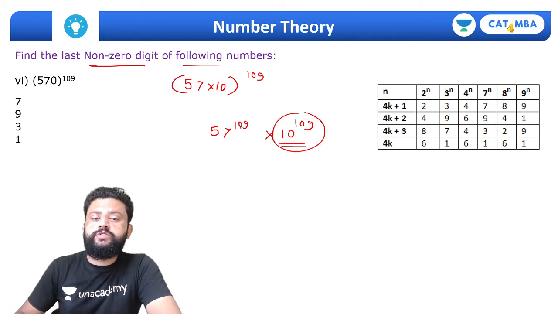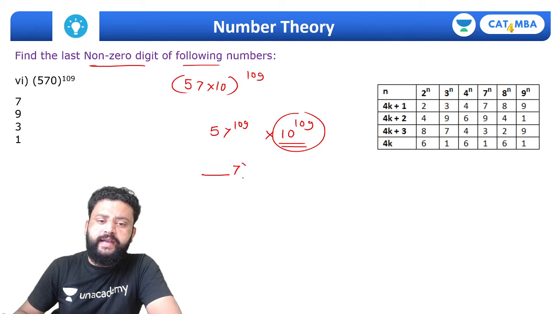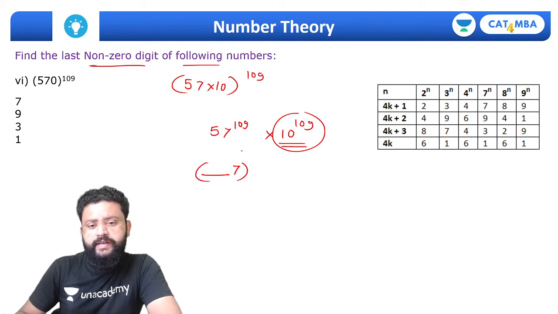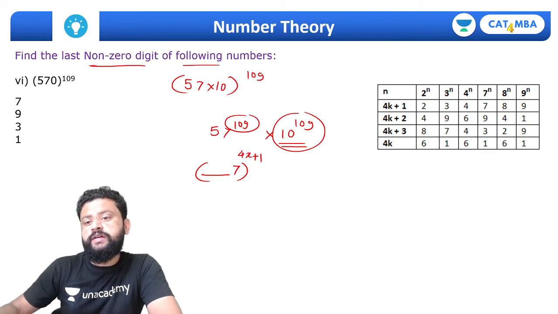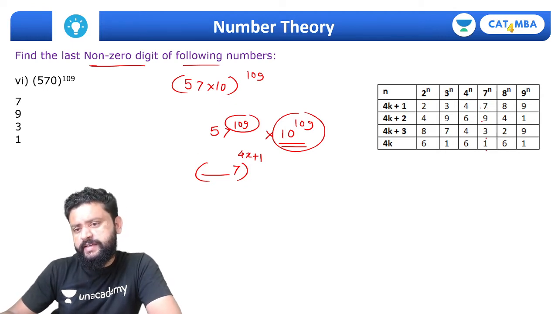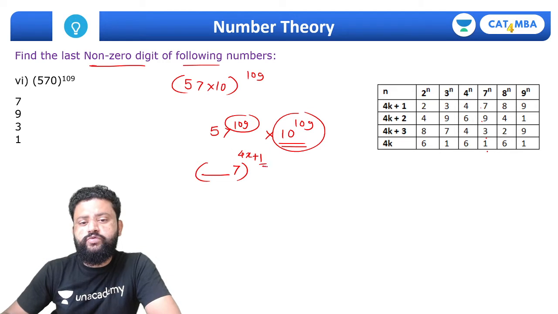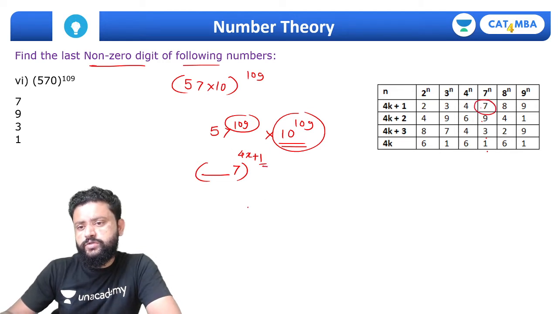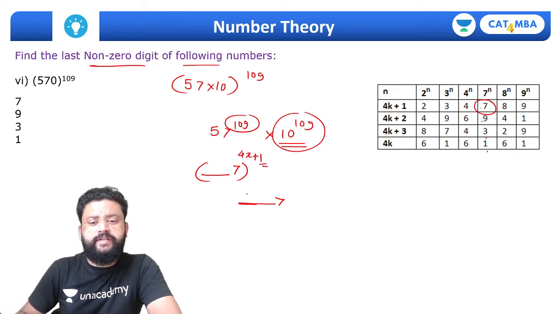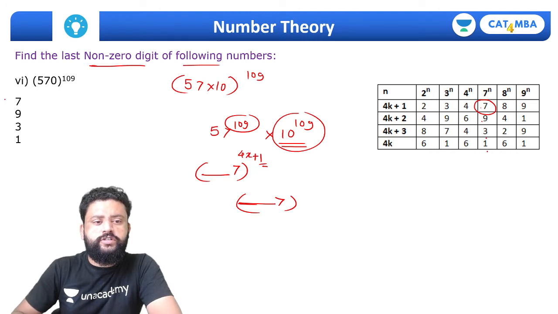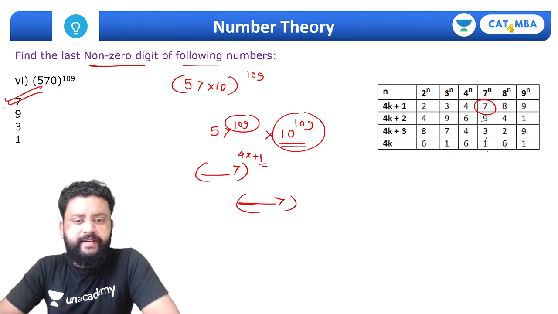Now we are just supposed to calculate this number ending with 7, and its power is 4's multiple plus 1. 109 is 4's multiple plus 1. So 7's cyclicity is 7931, and just one time we need to take this. So the answer has to be 7. So the non-zero digit of this calculation will be 7.